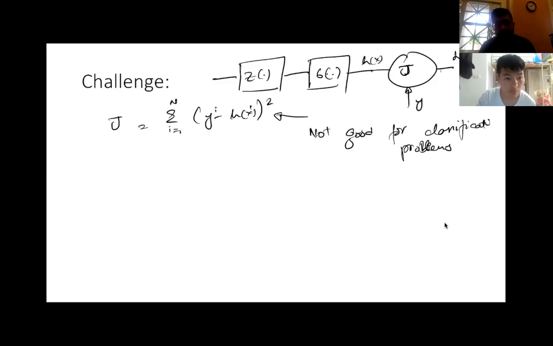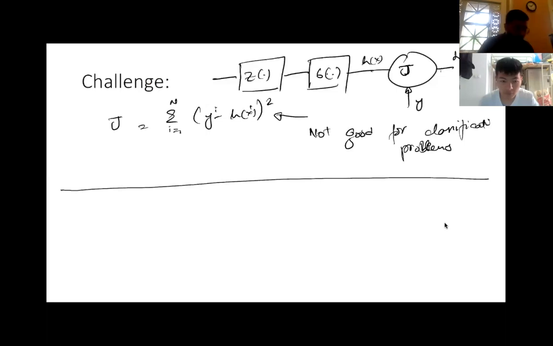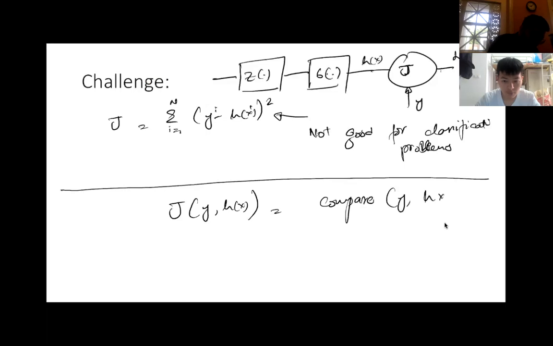So what do we do? We try to construct another loss function which is more tailored to classification type of application. And let me just write the sketch for that loss function. So what do we want this loss function to be? Basically, we want our cost function, which takes in y and h of x, and we want it to compare y and h of x.